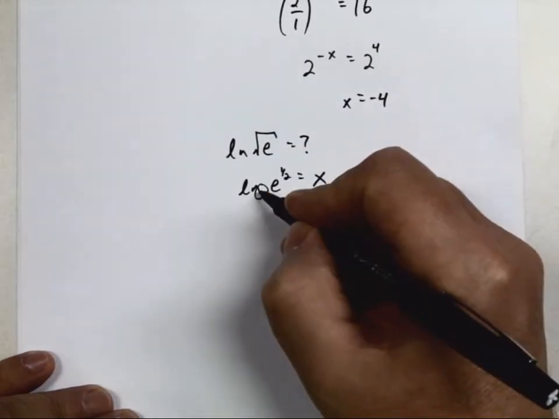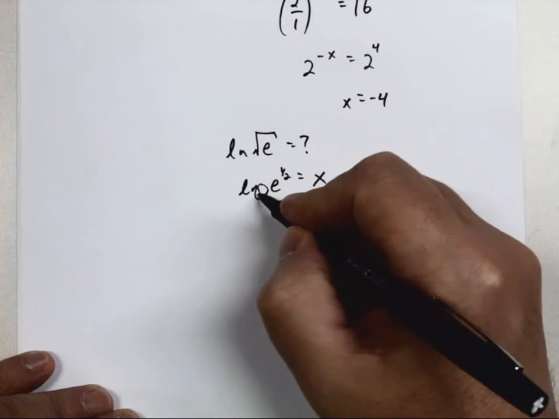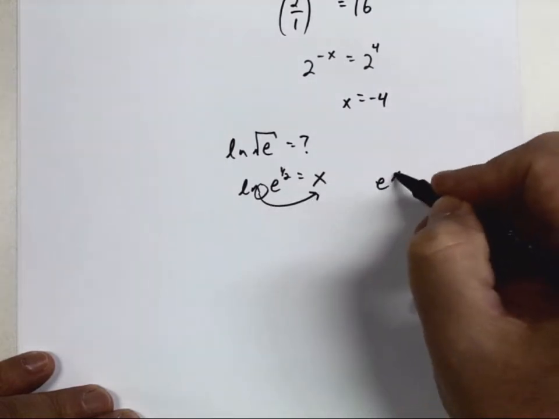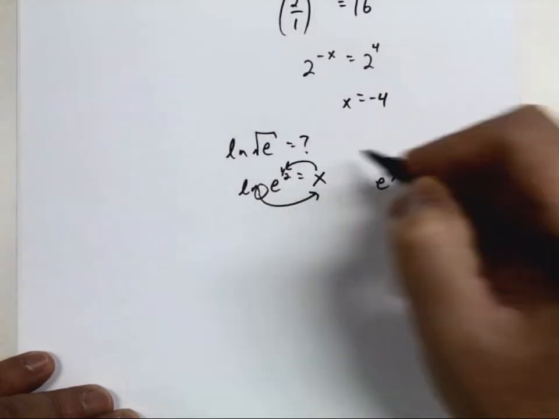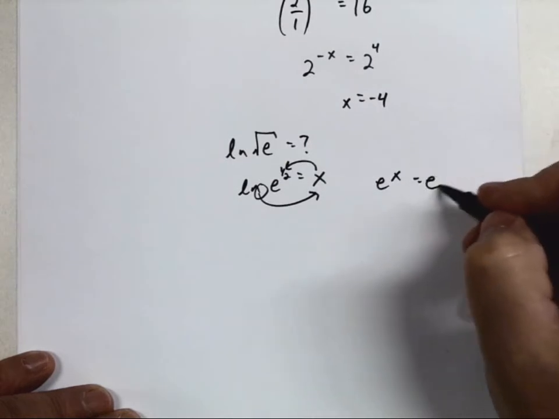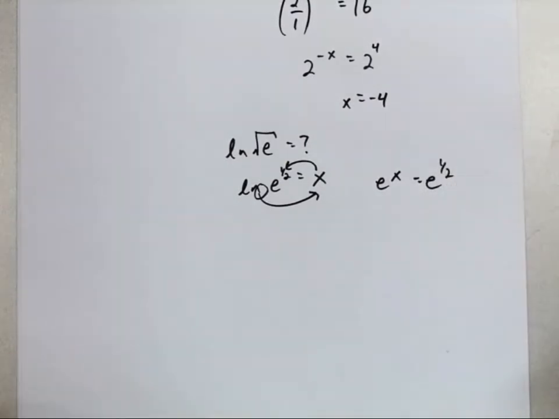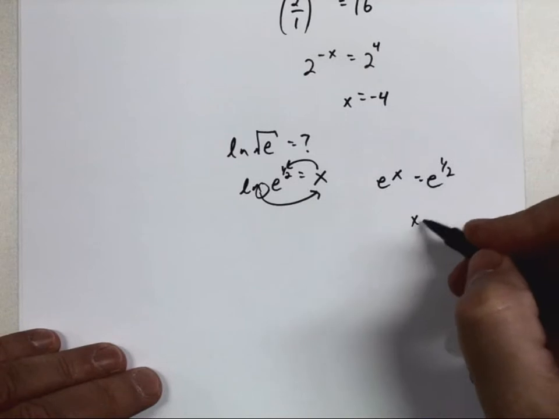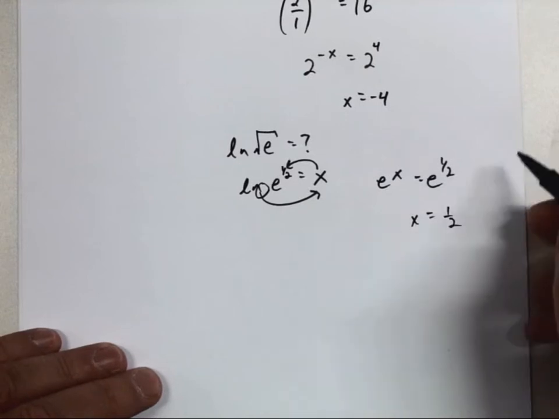Natural log here, what's my base here? It's really e, right? e to the x equals e to the 1/2. Obviously x is 1/2.